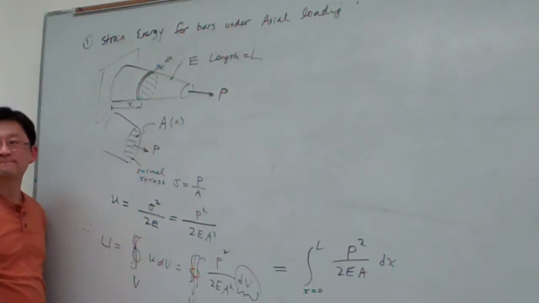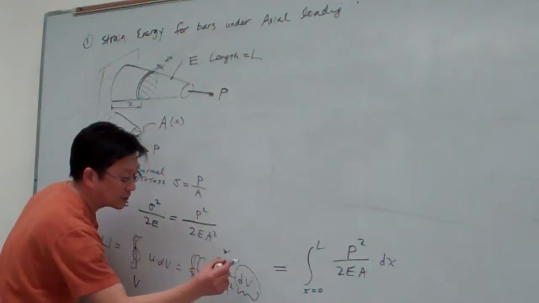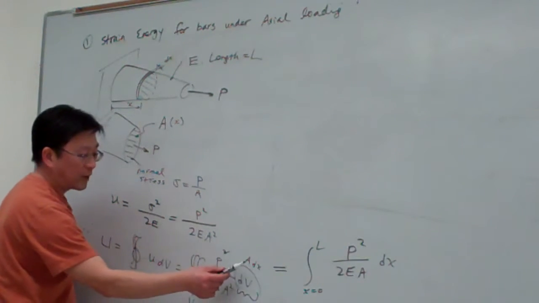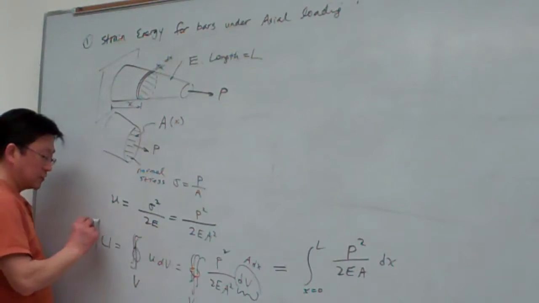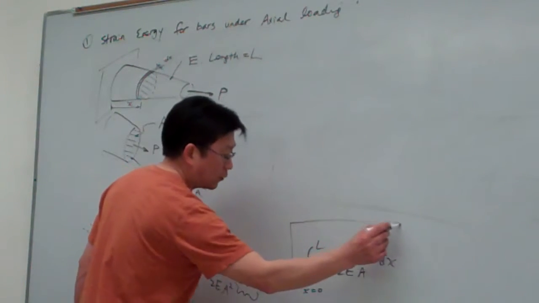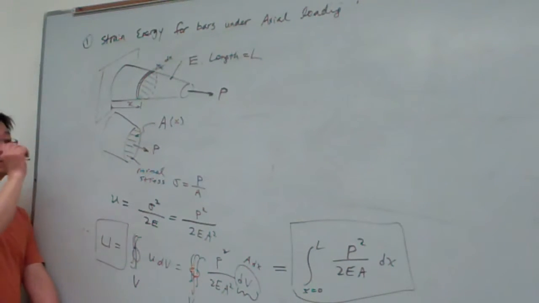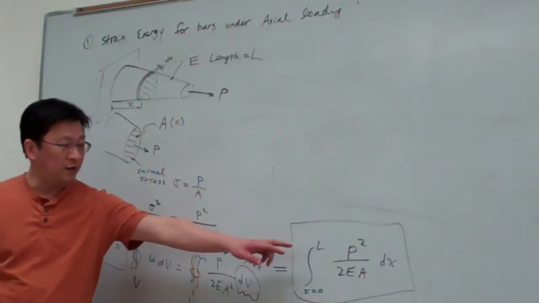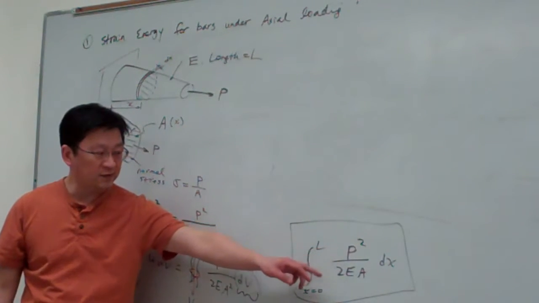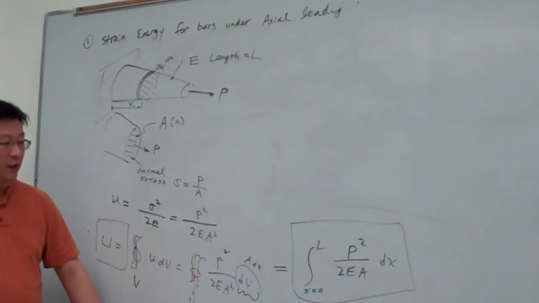Is that okay? So here the A dx, let me write it out. We cancel one A from the numerator and denominator, so we become like this. This is one useful formula for this type of problem. Usually P is a given load, and that is constant. You can take out everything except A, because A is a function of x.